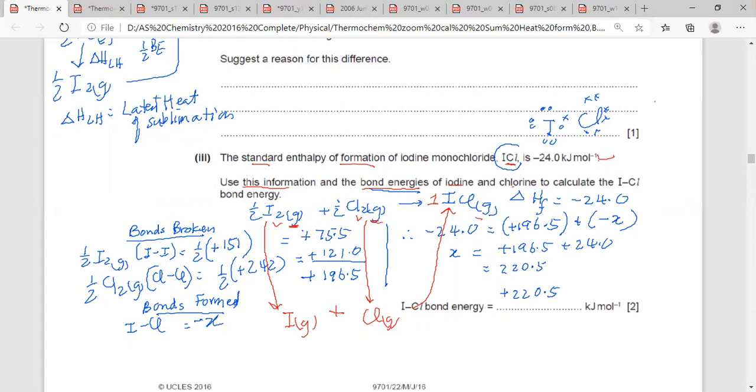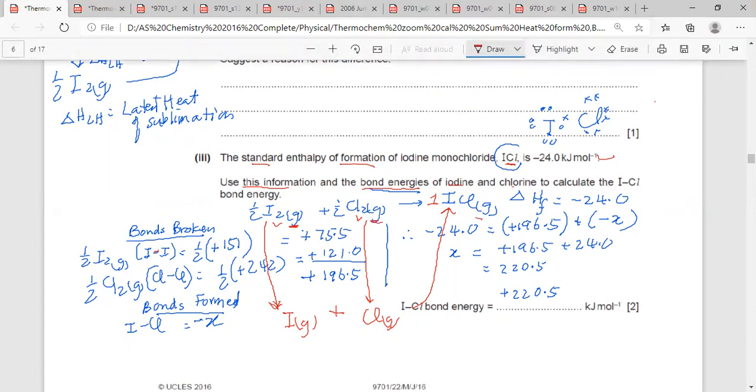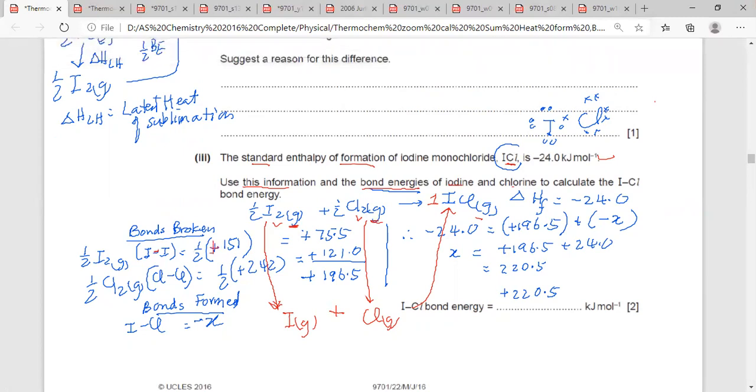So here to here is bond broken. Half the bond broken means this is a bond energy. Bond breaking is endothermic. For Cl2, half means half plus 2 for 2. So the total amount is here, you add everything up, plus 196.5.